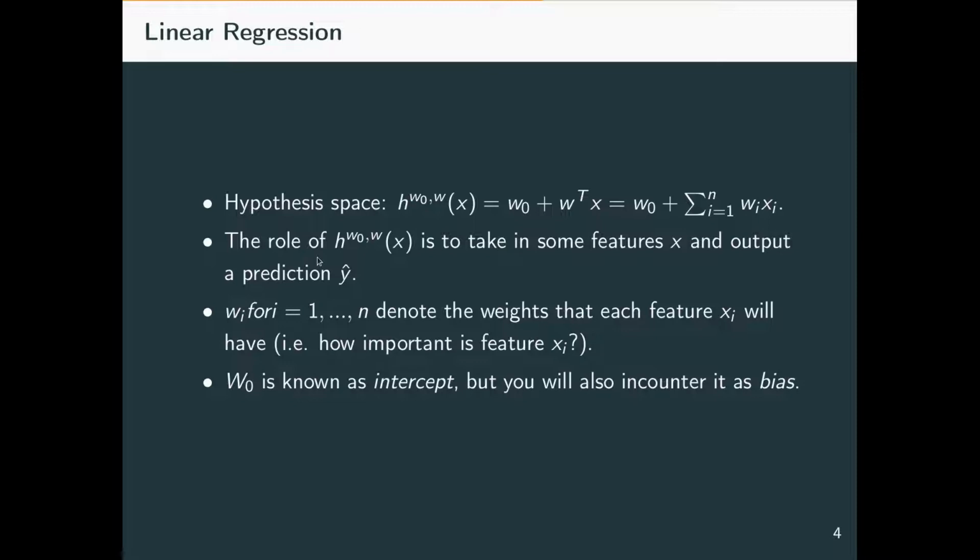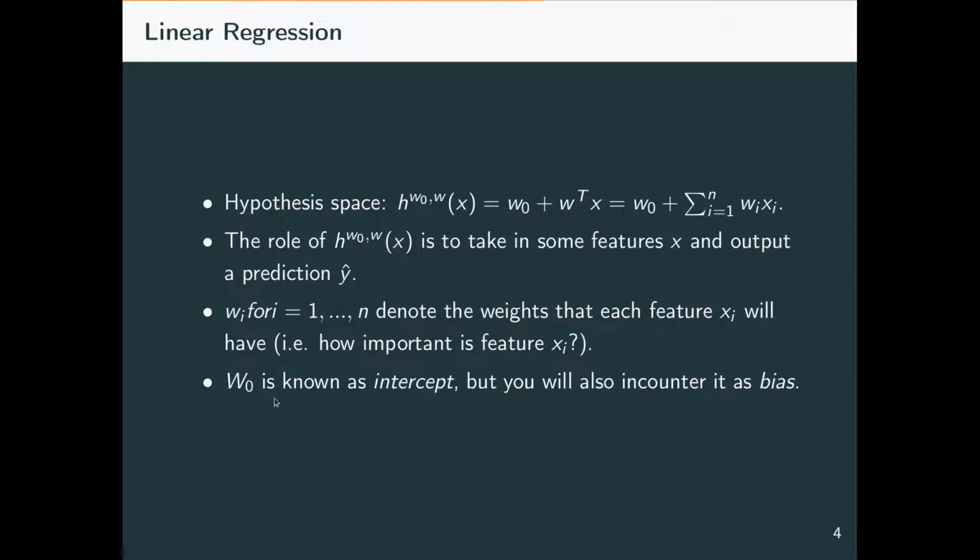The role of this function is to take some features and output a prediction y hat. So x is a specific example and y hat will be a specific prediction for this example. The w_i are usually called weights, and they measure how important the corresponding feature x_i is.